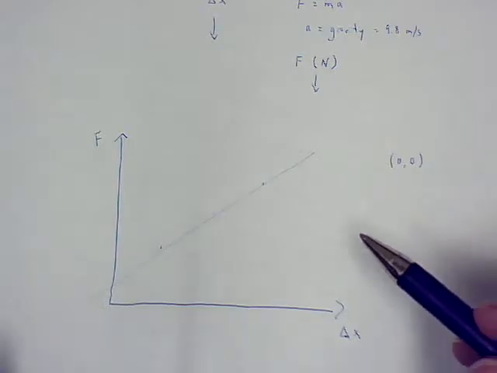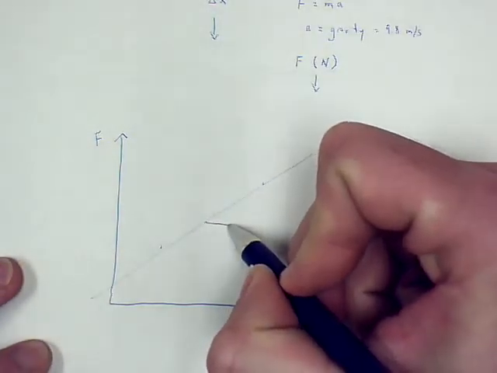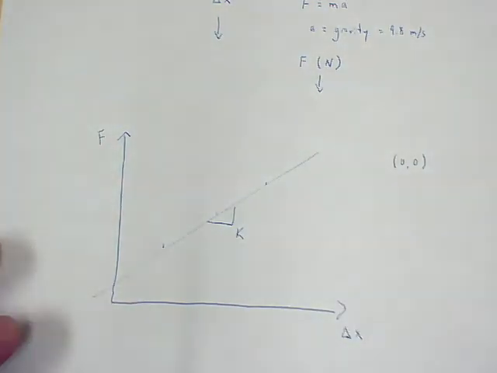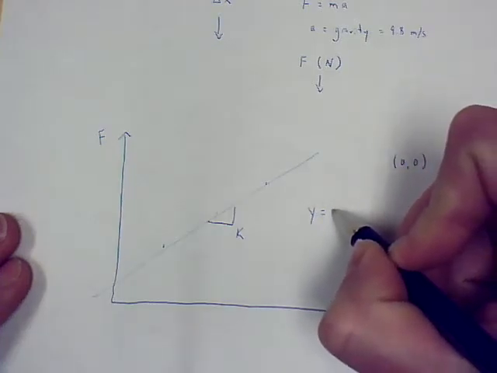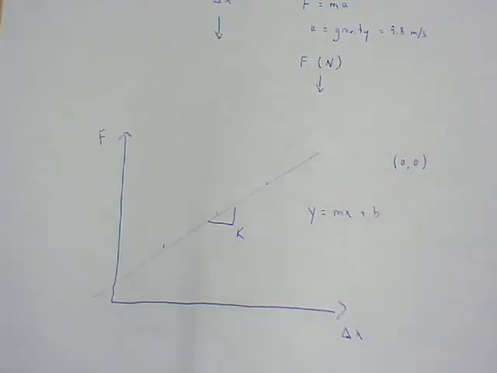Now, when you get your three points and plot them in Excel, you can add a trend line, and that will help you determine your slope, and the slope is your k value. That is your stiffness value. When you plot your trend line, you'll see an option to display the equation of the line, and this is a linear relationship between force and your change in length.